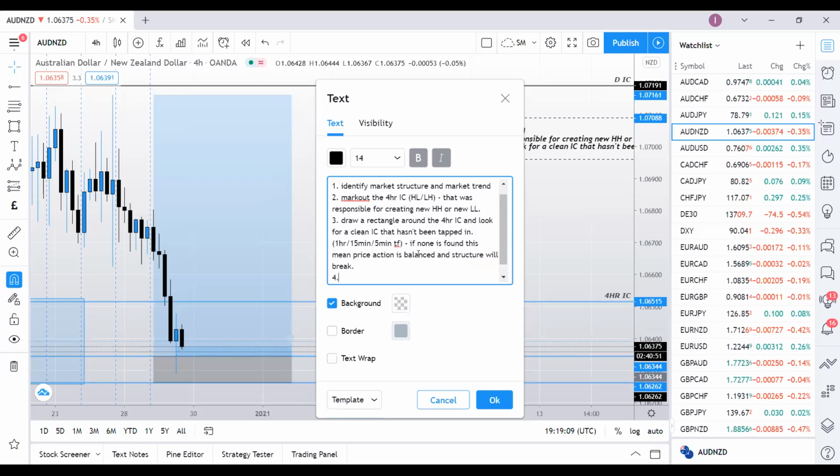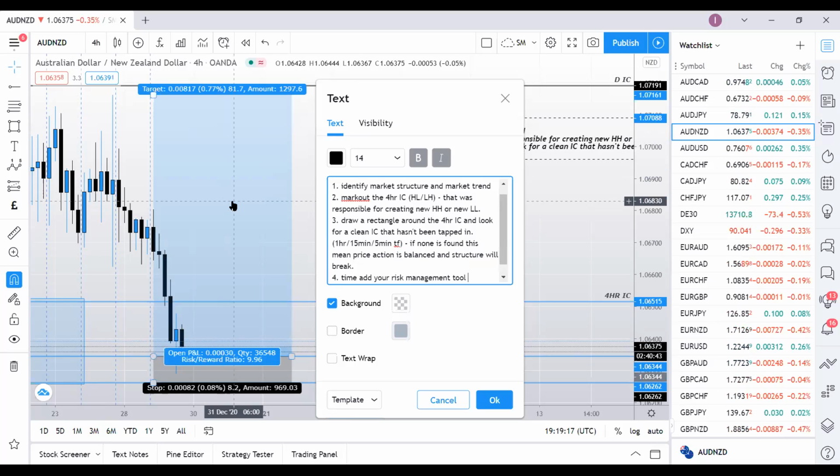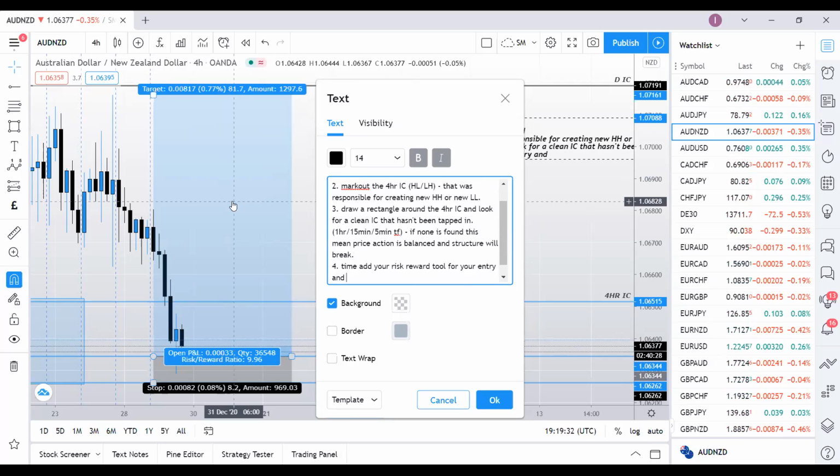Number 4, then add the risk reward tool for your entry, stop loss and TPs.